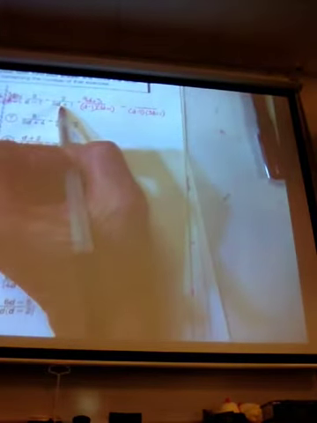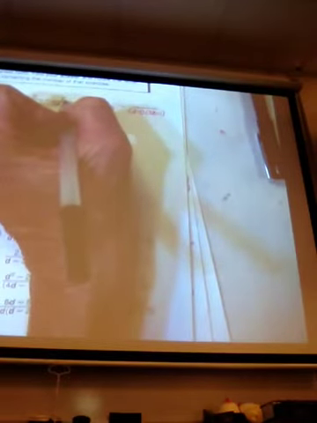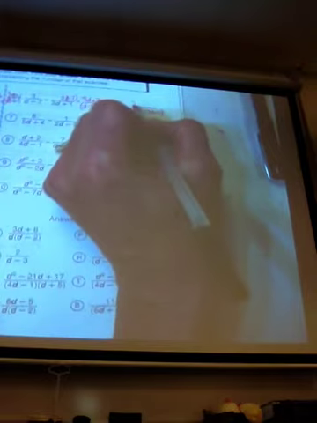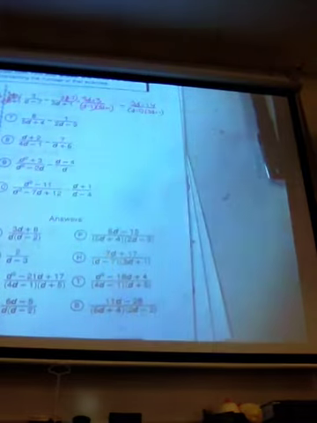What am I going to multiply the second one by, Adam? D minus 7. And you multiply it by D minus 7, so what would I get? You get 2D minus 14.